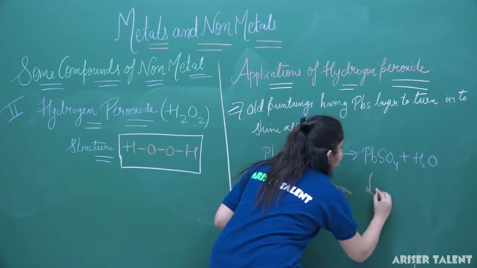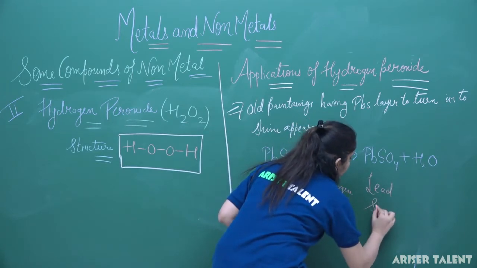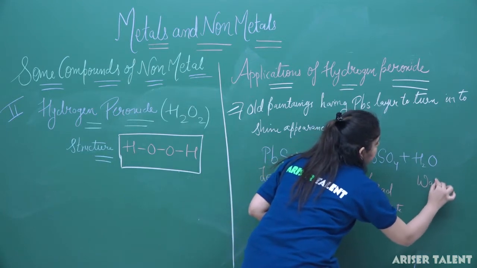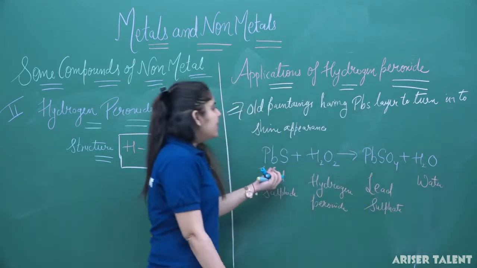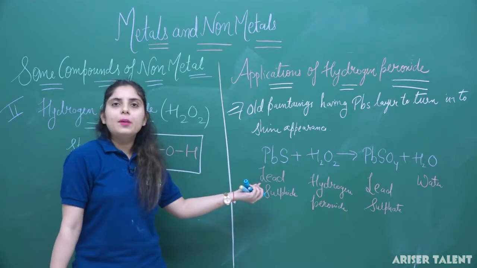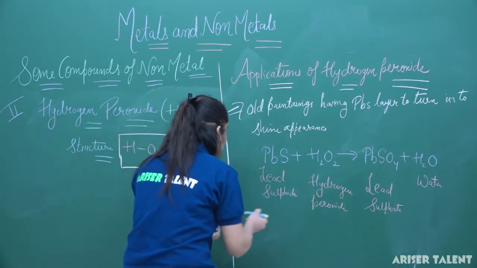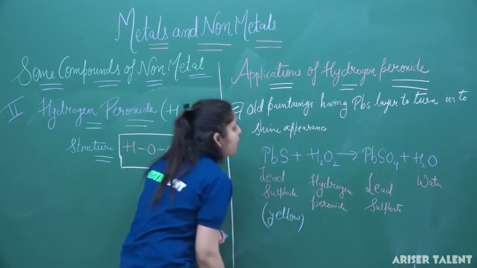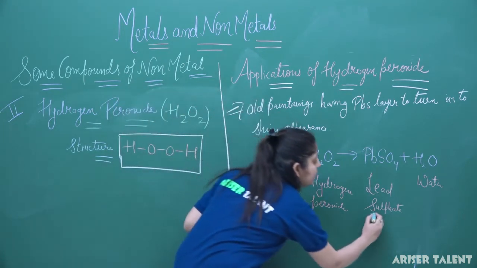This is lead sulfate, and this is water. So this lead sulfide layer, PbS, is actually yellow in color. When reacting with hydrogen peroxide, it turns white.